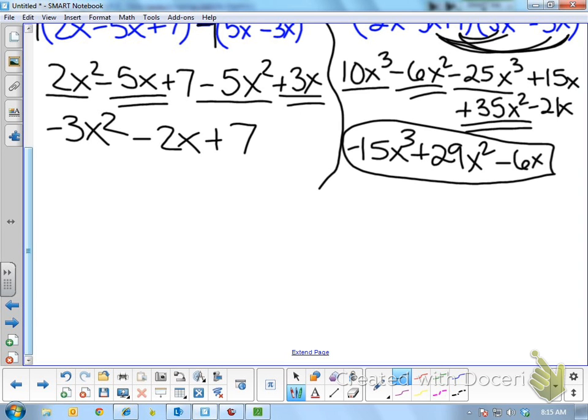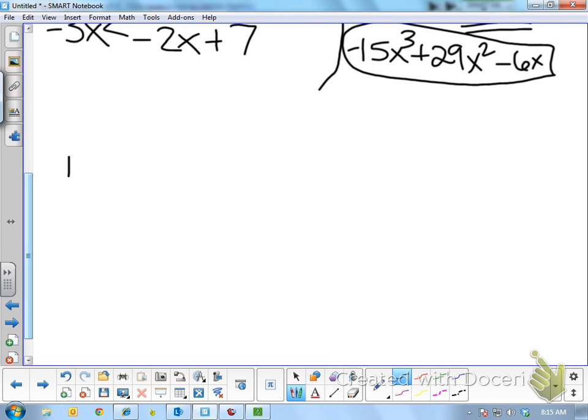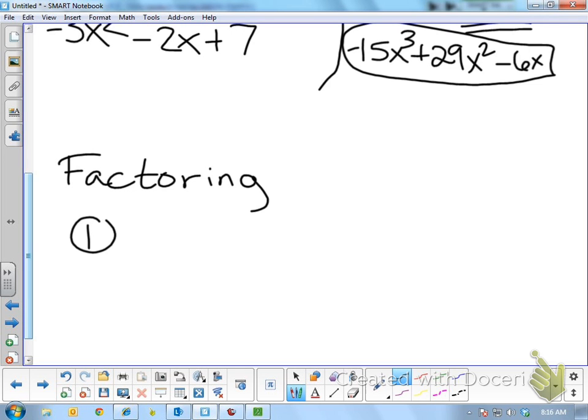So we did addition and subtraction of polynomials, and then we did a whole bunch of factoring. But it really boils down to being able to do two types of factoring. So when we did factoring, we always had one first step that was the same for any type of factoring.